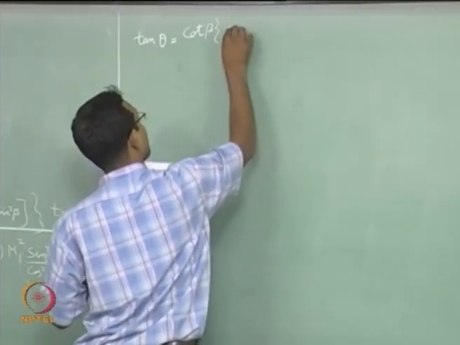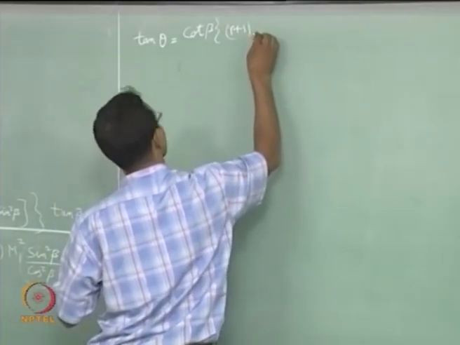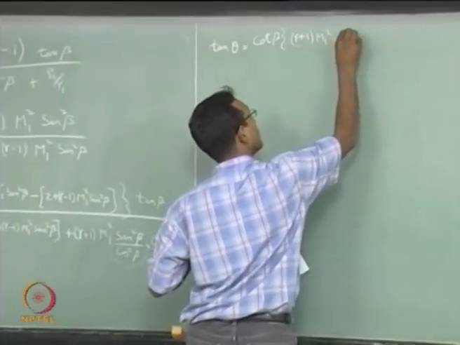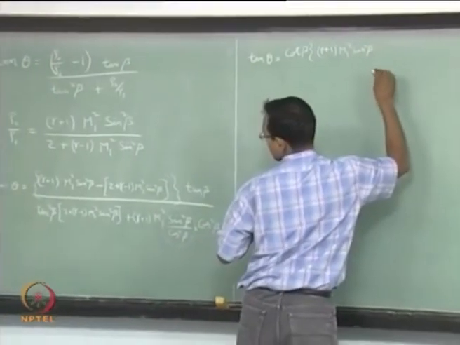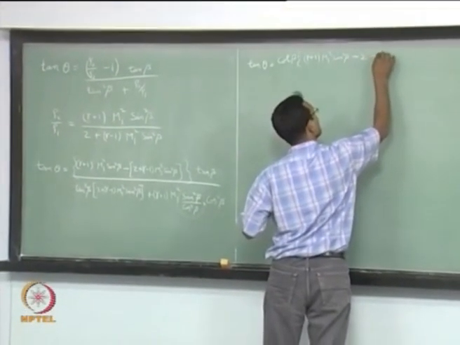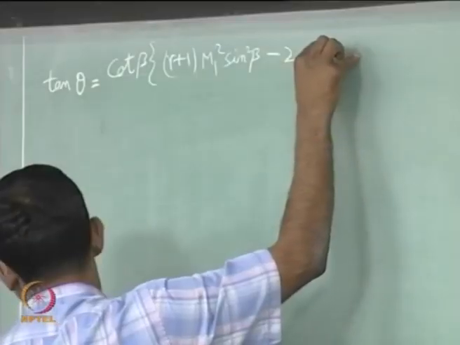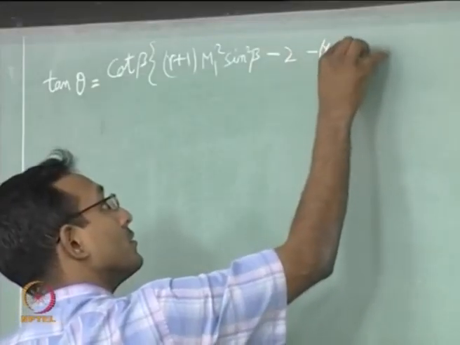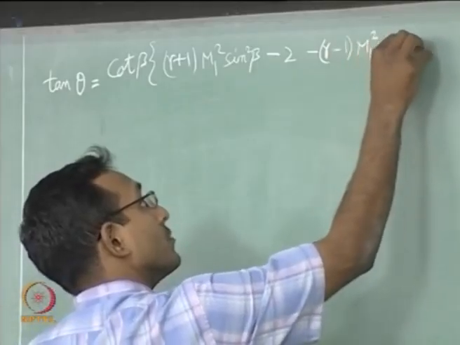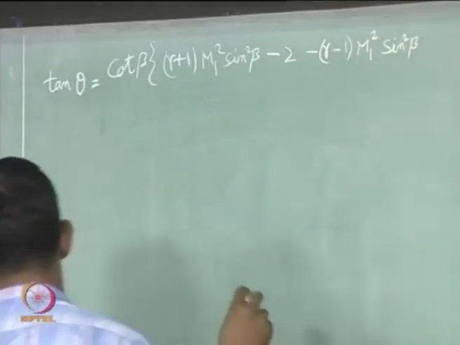Multiplied by M1 square sin square beta minus 2 minus gamma minus 1 M1 square sin square beta.